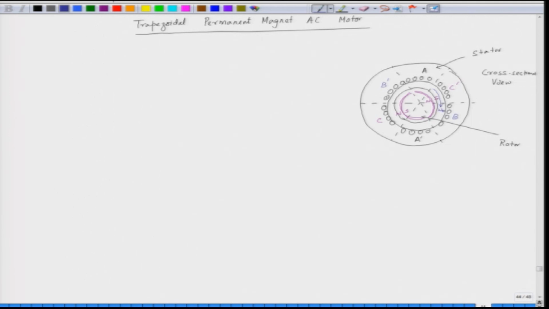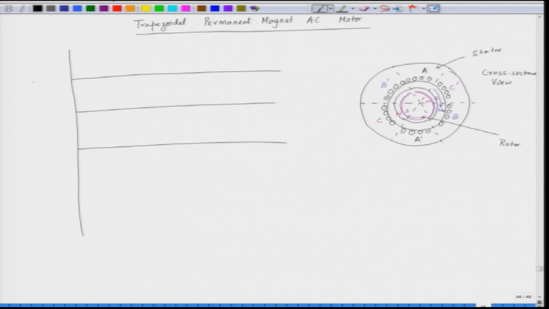So, we can plot here the induced EMF in the stator windings. We have the windings A, B and C. We will plot induced EMF in phase A, induced EMF in phase B and induced EMF in phase C. So, this is 0 in this case, and we will be plotting against the angle of rotation.